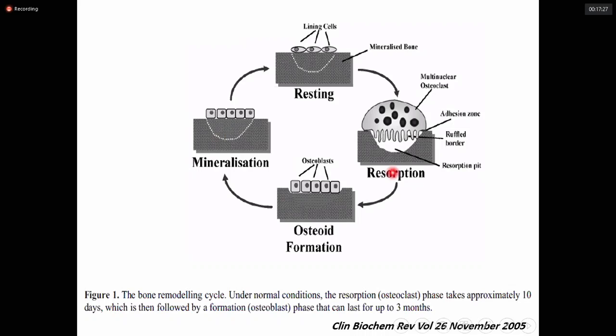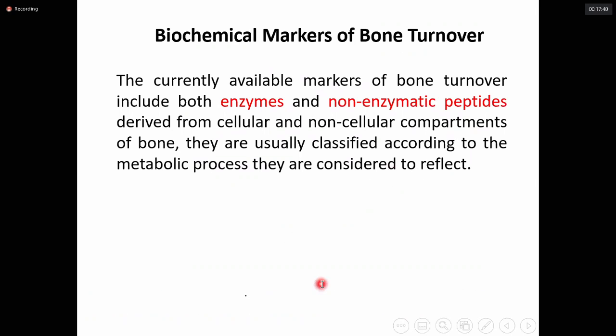So if we have an imbalance in these pathways, the individual could develop certain disorders related to these mechanisms, and we can see the markers that will be associated with these conditions.